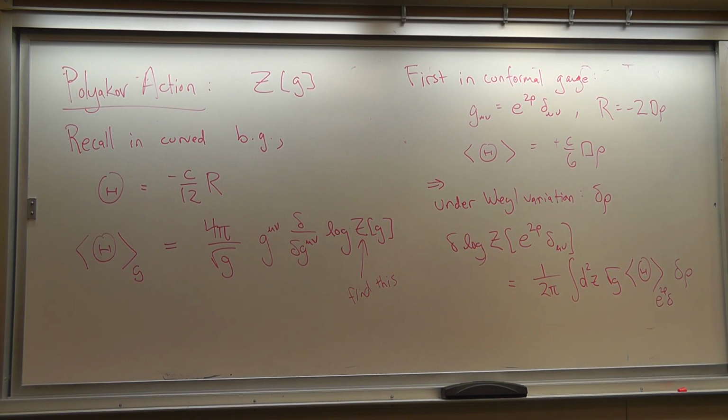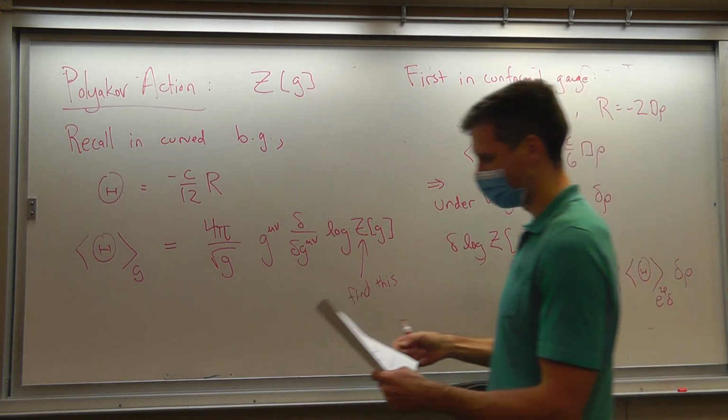That's just the definition of the stress tensor. It's the thing you get when you vary with respect to the metric. Since we're varying with respect to the Weyl factor, we're varying with respect to the whole metric, and that's why we get the trace here. Rescaling the whole metric, I mean.